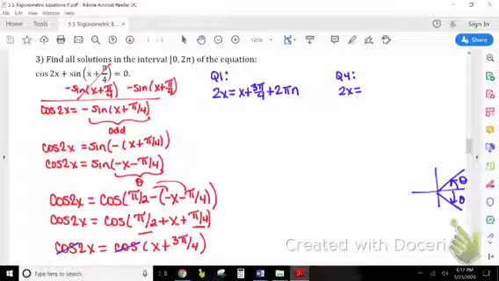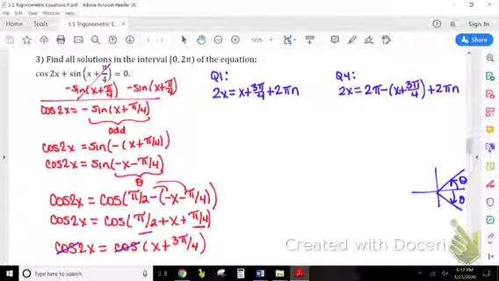Remember, when you're looking for a quadrant 4 angle, you subtract it from 2 pi. So 2x for quadrant 4 is equal to 2 pi minus our angle. What was our angle? x plus 3 pi over 4. And then because we're doing multiple angles, we still have to put plus 2 pi n in.